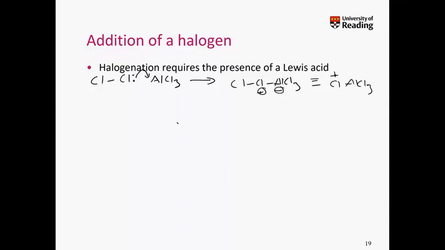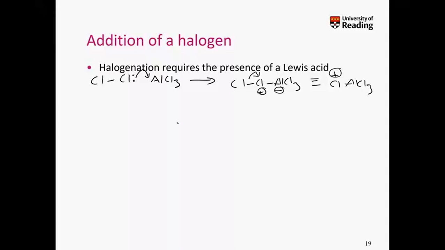The way I can say it's like that, because you're thinking the positive chlorine's in the middle, but of course we can take the electrons from this bond and give it to that chlorine. So that would make the end chlorine positively charged. At the moment we've got the chlorine here, which has got the positive charge, but we can use the electrons from this bond to neutralize that. So it's like having Cl plus AlCl3.